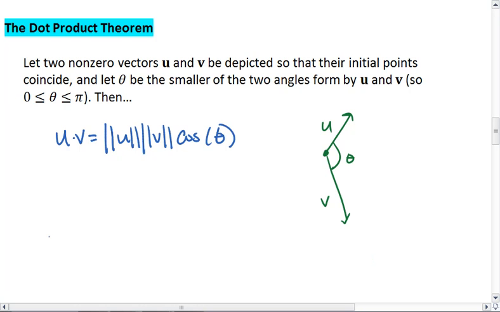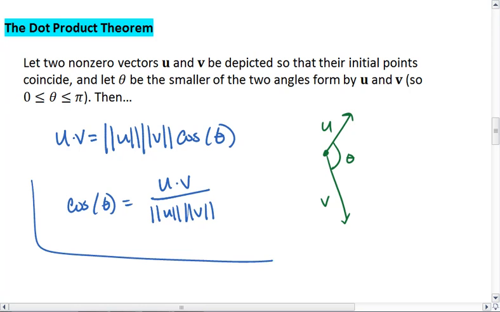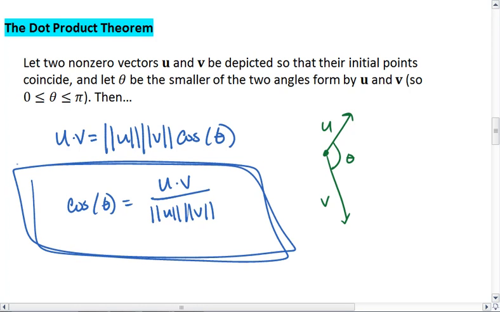This means I could rearrange and solve to see that cosine of theta equals u dot v all over the magnitude of u times the magnitude of v. This is a very important equation, and we're going to be using this in some examples in this section.